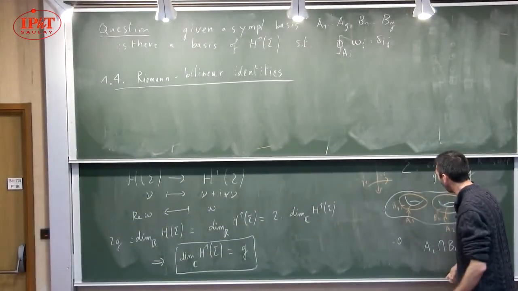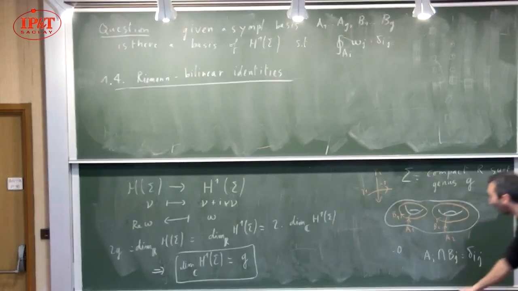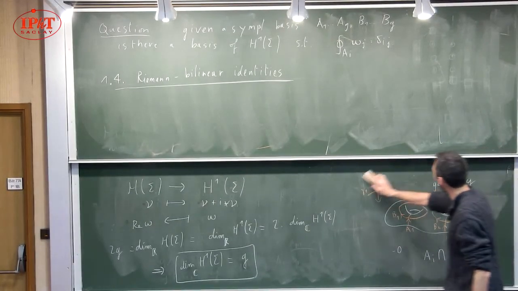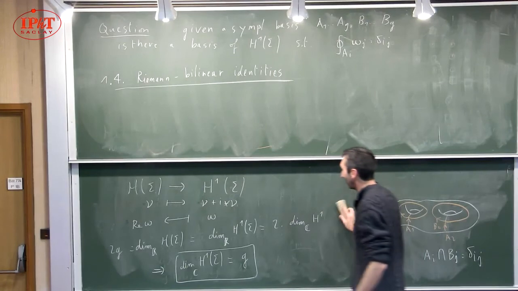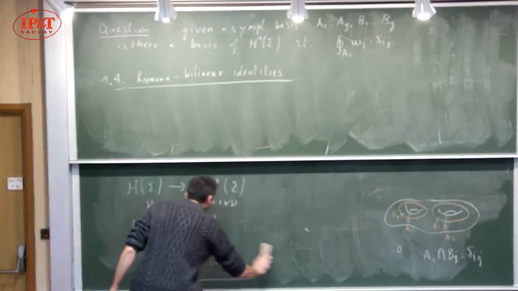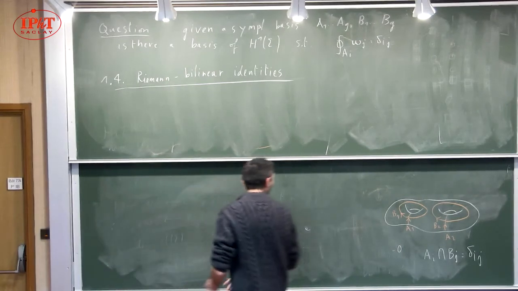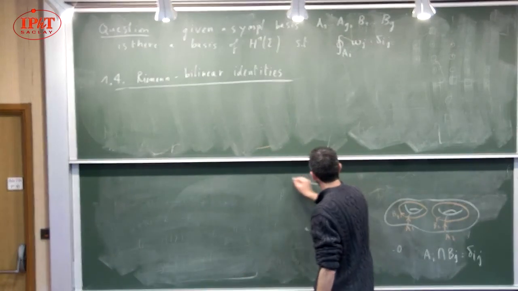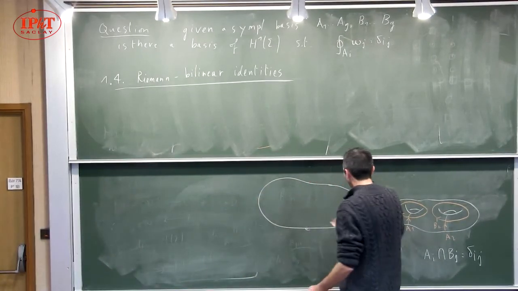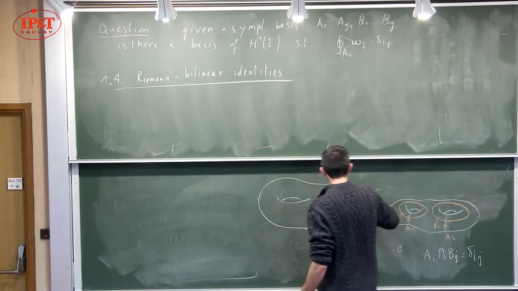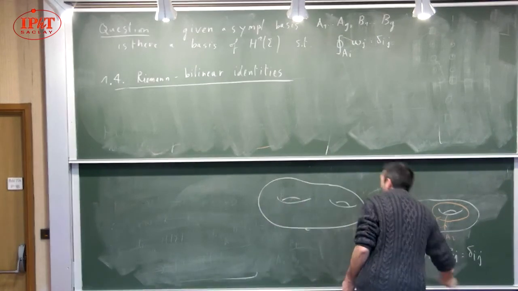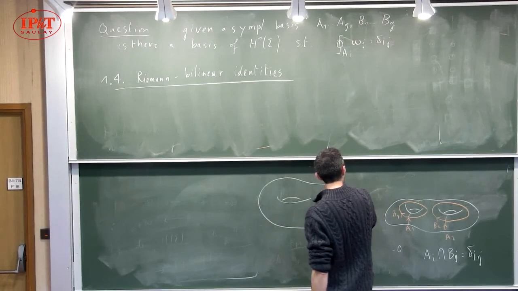So first, it's always possible to deform our basis. It's always possible to choose representants that all start from the same single point.